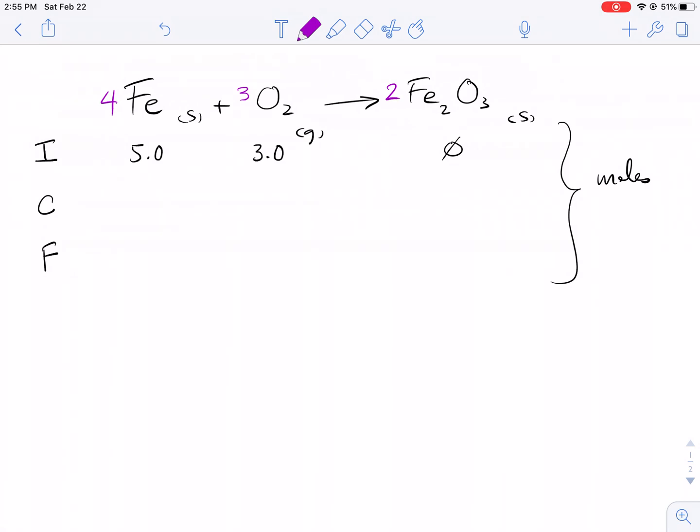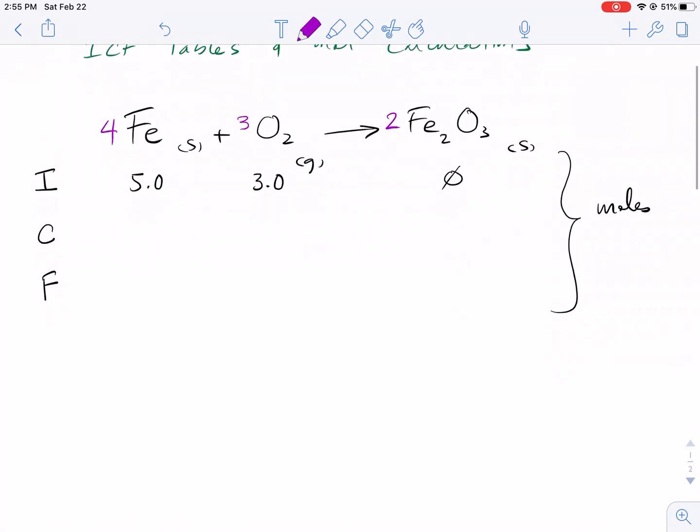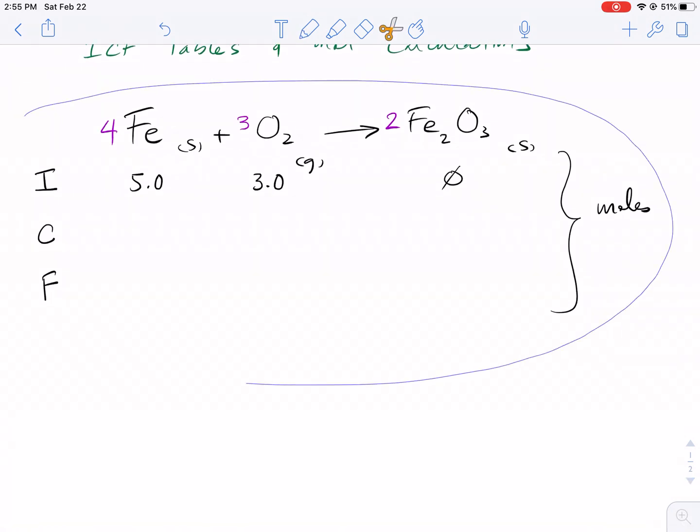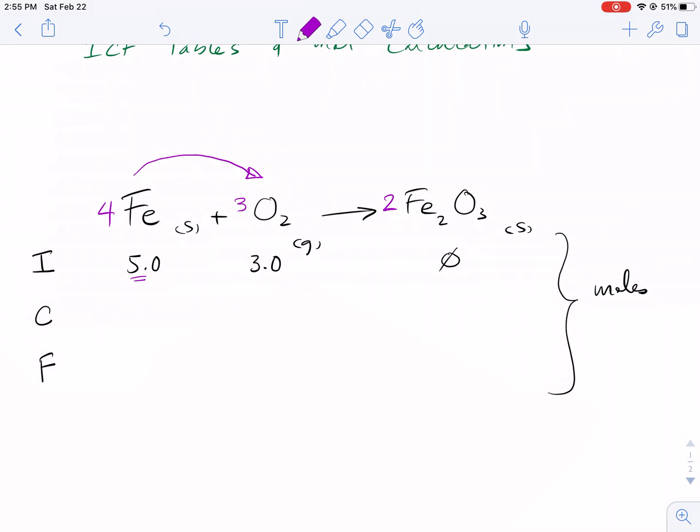For example, I'm going to review that for you one more time, and I'm going to bring this down a little bit so I have a little space above so you can see. If I go from iron to oxygen, what would my factor be? You multiply your given, which is 5, by a ratio to find the amount of oxygen that's required to react with it. And I explained that in the other video.